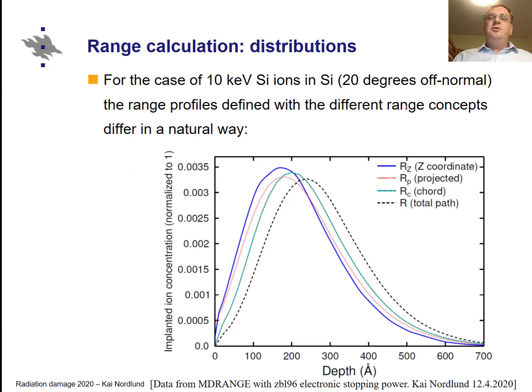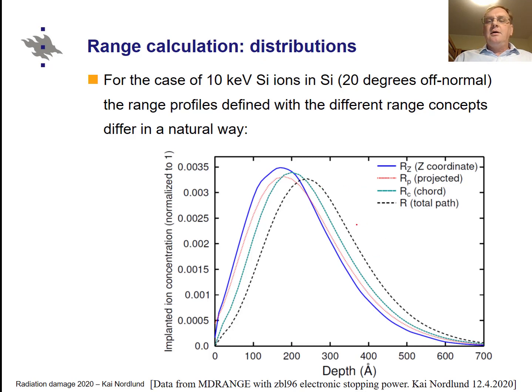Basically due to this, the maximum range is not a particularly useful quantity. It's also difficult to measure, and when dealing with ion ranges, it almost always makes most sense to present the range distribution. Sometimes the mean range, of course, can be used as a simplified quantity.